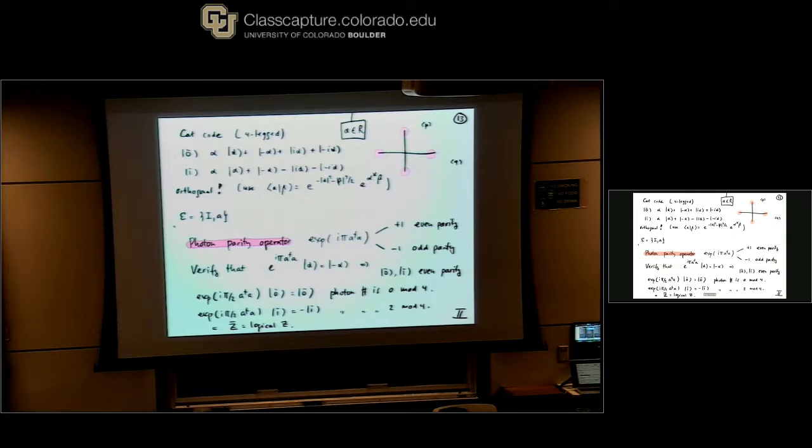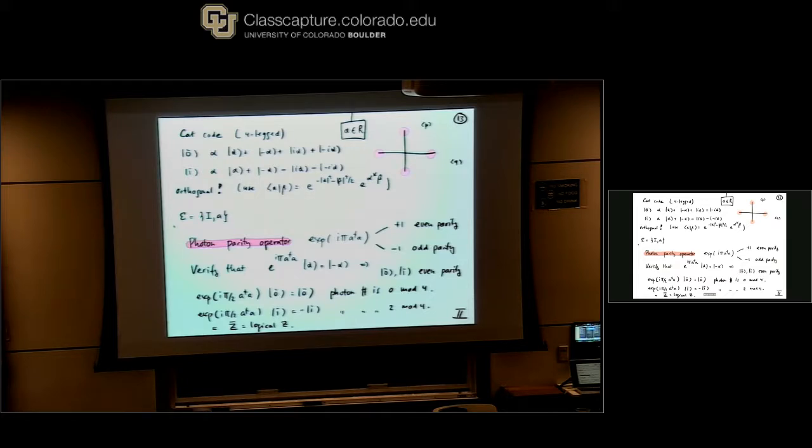So you'd like to encode with respect to photon number or photon parity, and one very useful operator is the photon parity operator. It's a unitary operator, and if n is even, then it has eigenvalue +1, and if n is odd, it has eigenvalue -1. It's these two eigenvalues on these two spaces.